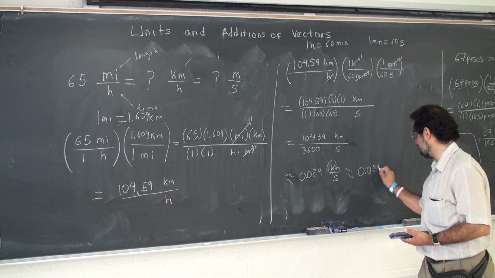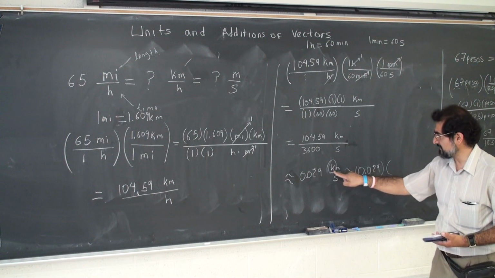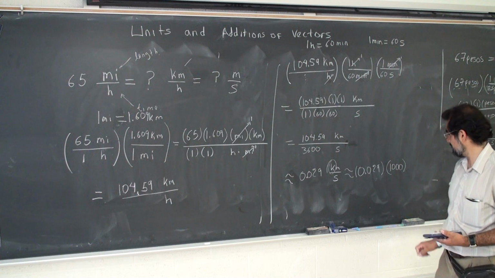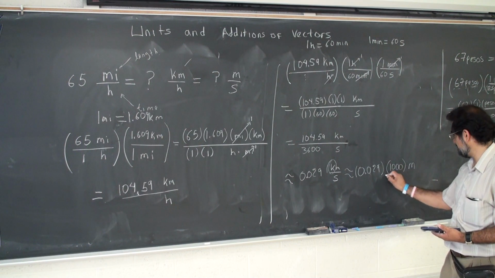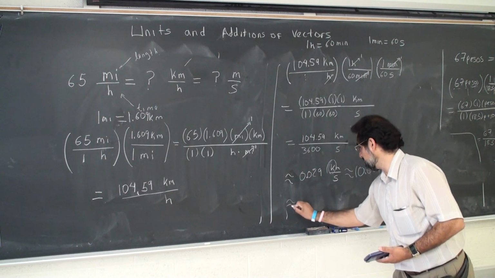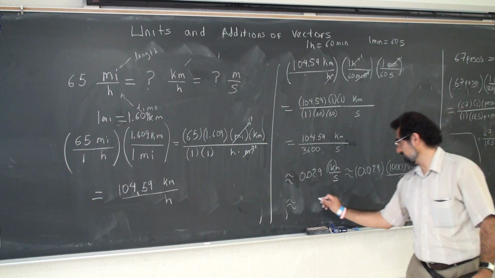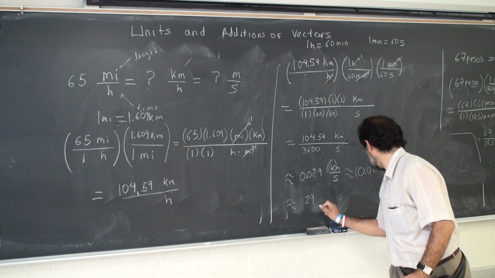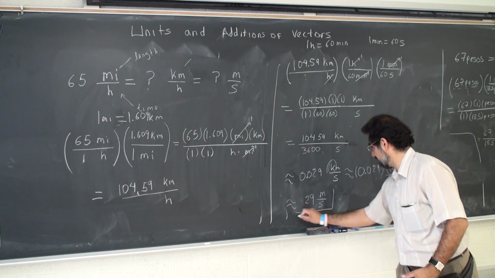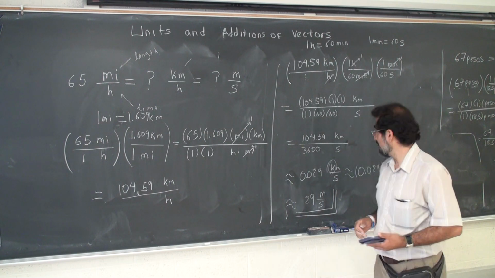Because that prefix refers to 1,000, we can interchange that letter for 1,000, and we are going to have meters per second. So at the end, it's going to be 1,000 times approximately 29 meters per second. That is our final unit.